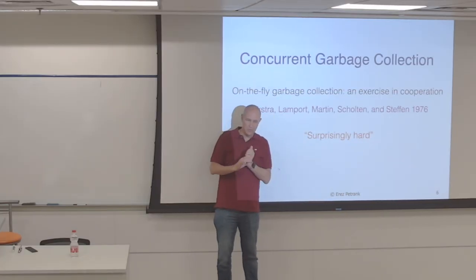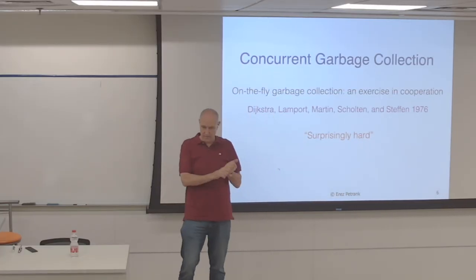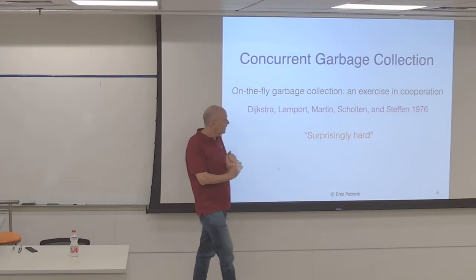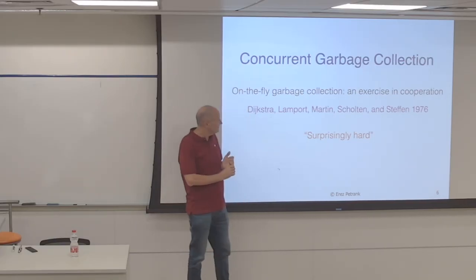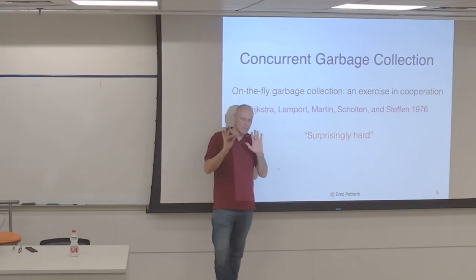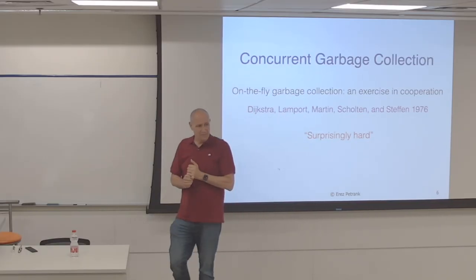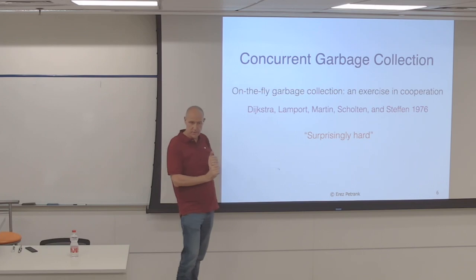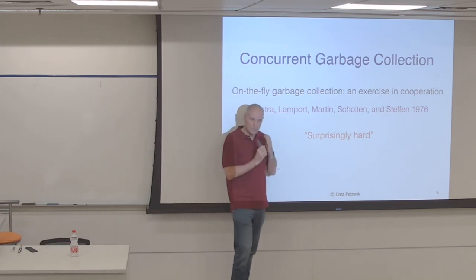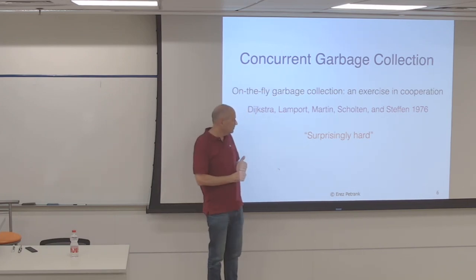I don't know if you know, the Turing Award is like the Nobel Prize in computer science. Dijkstra won it in '72 and Lamport a couple of years ago, I don't remember. But these are very good, serious authors that did the first concurrent garbage collector.